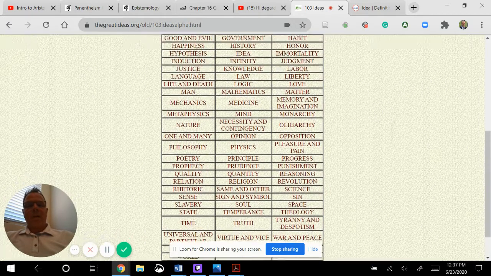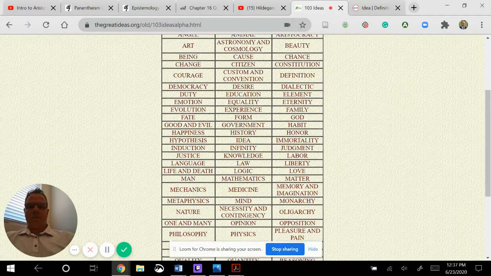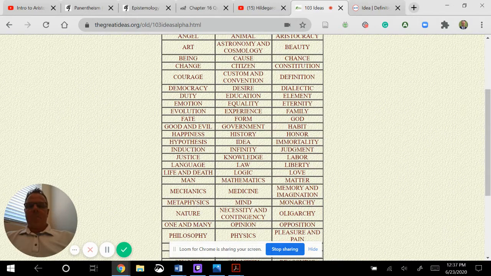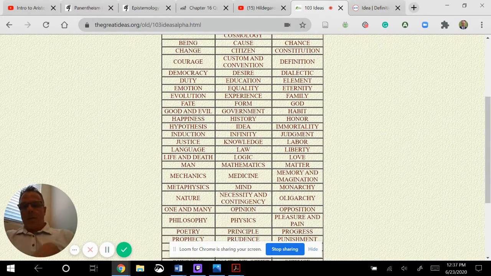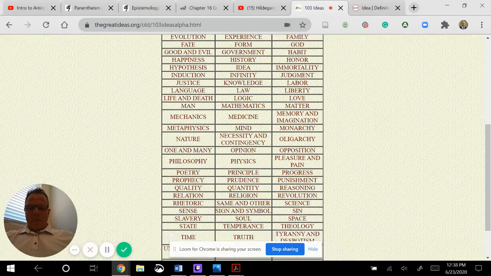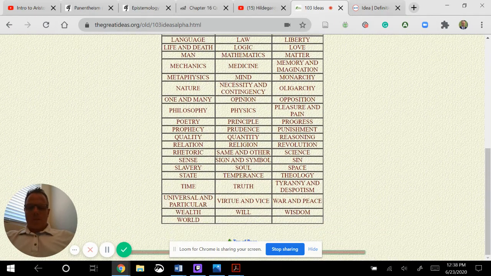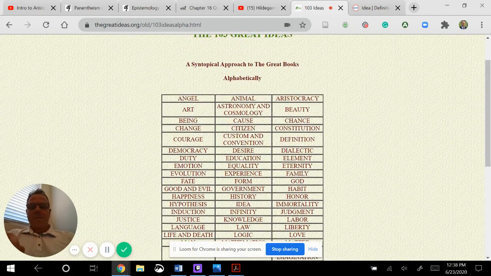We're going to be looking at physics, maybe government, beauty, art, the word angel, duty, and you can look at a bunch of these, philosophy, science, sin, soul, slavery, state, time. There's all kinds of great ideas. Why are they called the great ideas? Well, it seems from the ancient times till now, a lot of the greatest ideas seem to center around these.